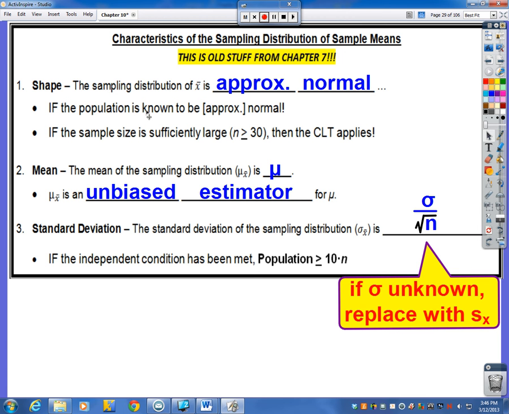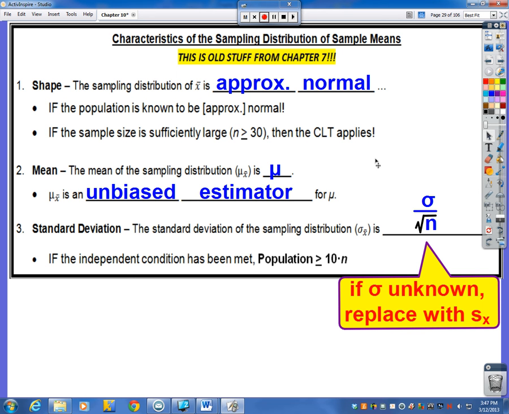So, the shape of a sampling distribution of just sample means. Let's say we take a random sample of 100 students and calculate their mean height. Then a lot of you go out and randomly select 100 students and calculate their mean height.